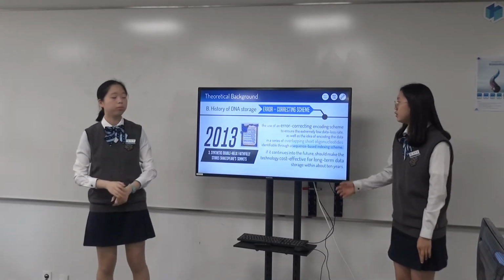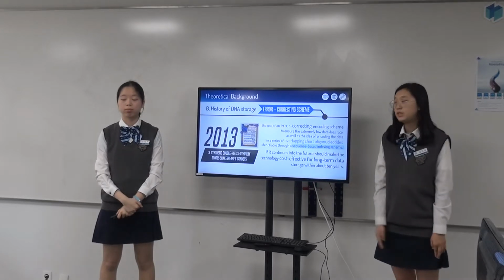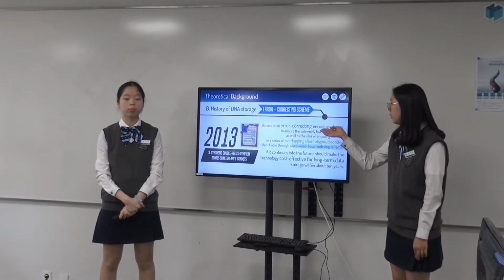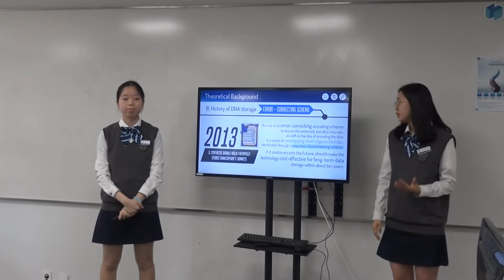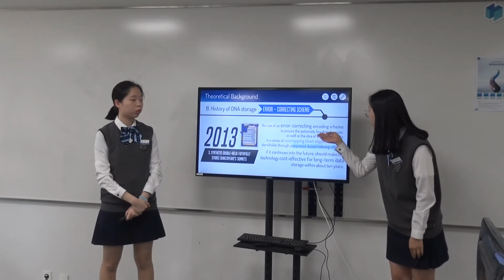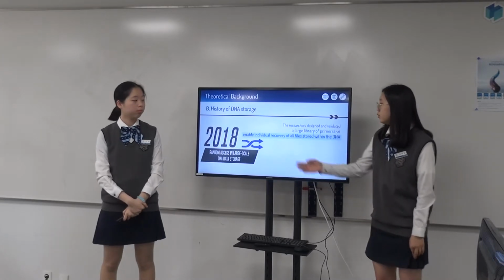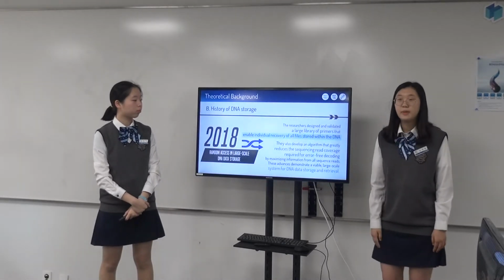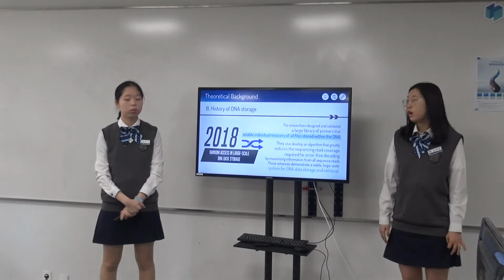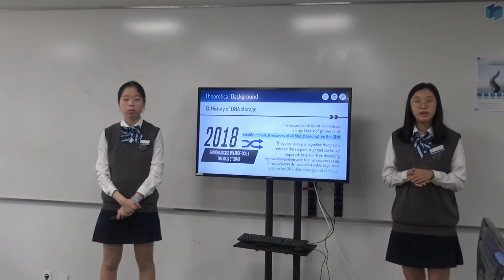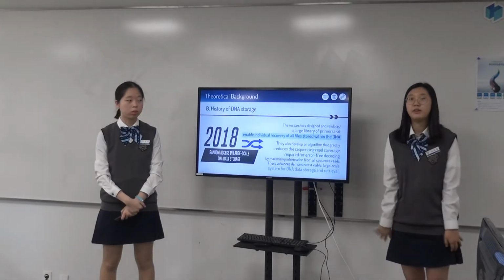The new technology in 2013 is an innovation of error-correcting schemes to ensure an extremely low data loss rate. The last one is 2018. The newest research is new technologies of random access to data in DNA.